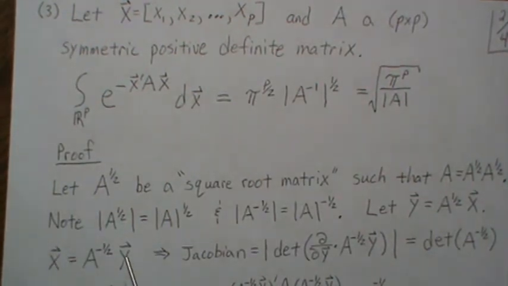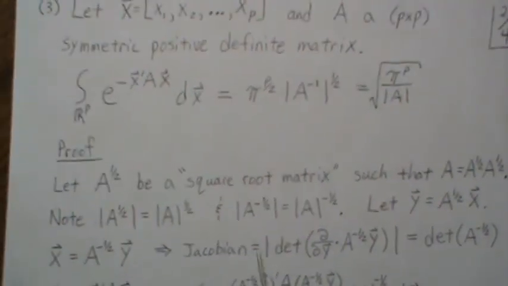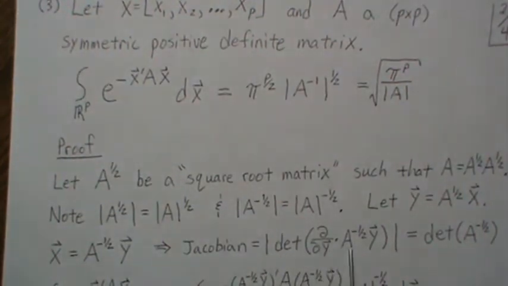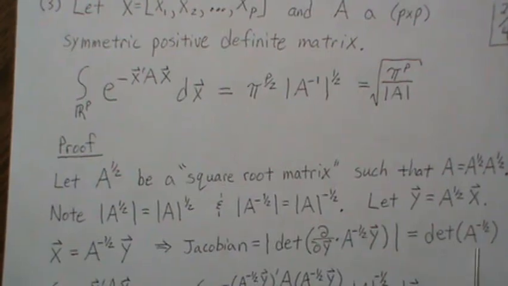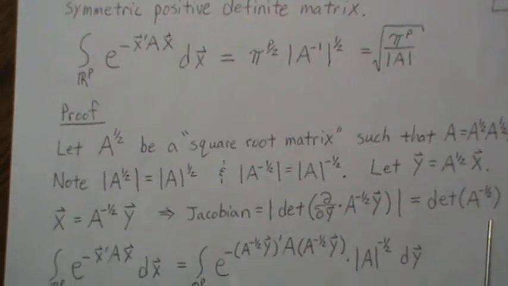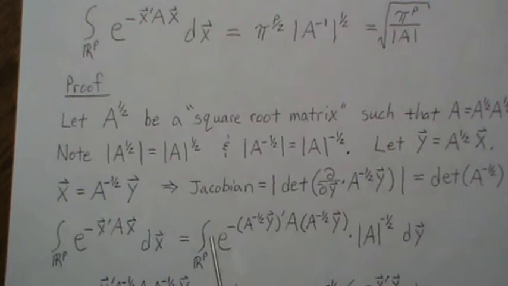Now the Jacobian of this transformation is the absolute value of this determinant, which is the partial of A to the minus 1/2 y with respect to the vector y, and that is, inside, A to the minus 1/2. And I have a video on taking these derivatives, matrix derivatives. So it's the determinant of A to the minus 1/2. So now with that background knowledge, let's start.